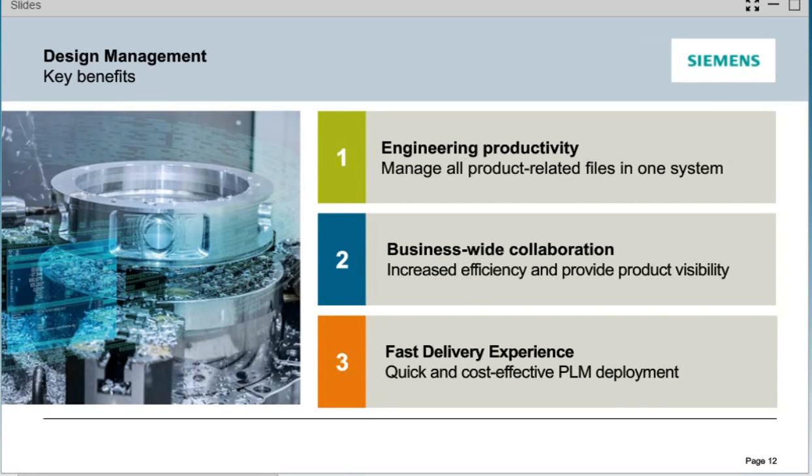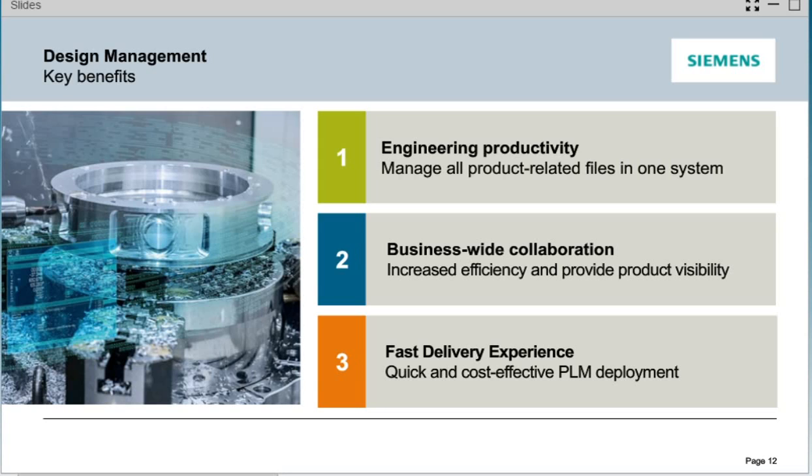So I'm going to touch on 3 key benefits: engineering productivity, business-wide collaboration, and that fast delivery experience. But I'll start by talking about the engineering productivity and show you how you can manage all your product-related files in one system. Then I'll get into that collaboration piece and show you how we can help you improve your product and processes and just the visibility within the organization to those processes and where things sit in different status and so on.